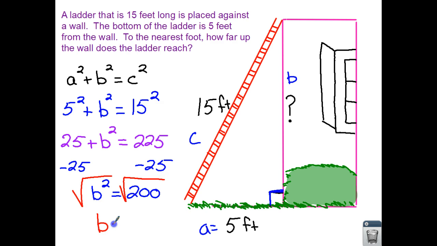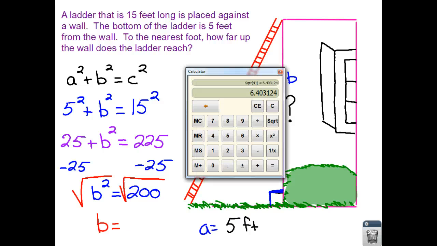So B is equal to the square root of 200, and here we go again, 200 is not a perfect square, and I need to round that to the nearest foot. You could use your approximation skills that we learned earlier in the year, but in this case, we talked about using a calculator.